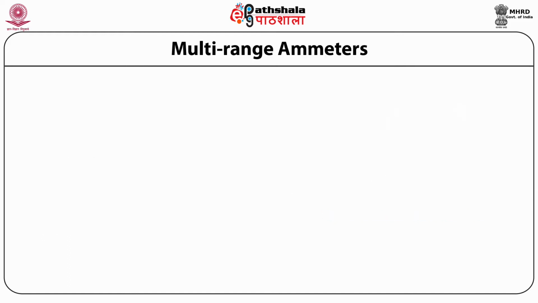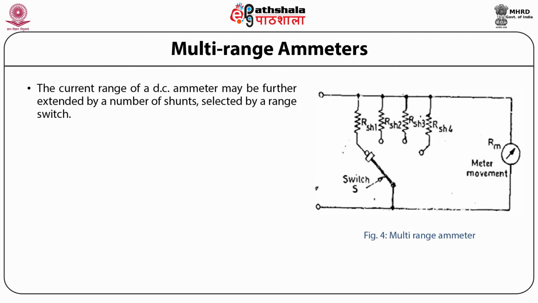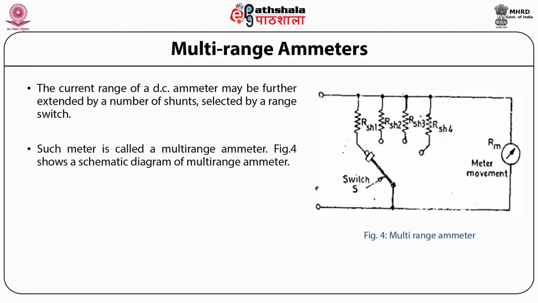Students, now we will consider multi-range ammeters. The current range of a DC ammeter may be further extended by a number of shunts selected by a range switch. Such a meter is called a multi-range ammeter. Figure 4 shows a schematic diagram of a multi-range ammeter.